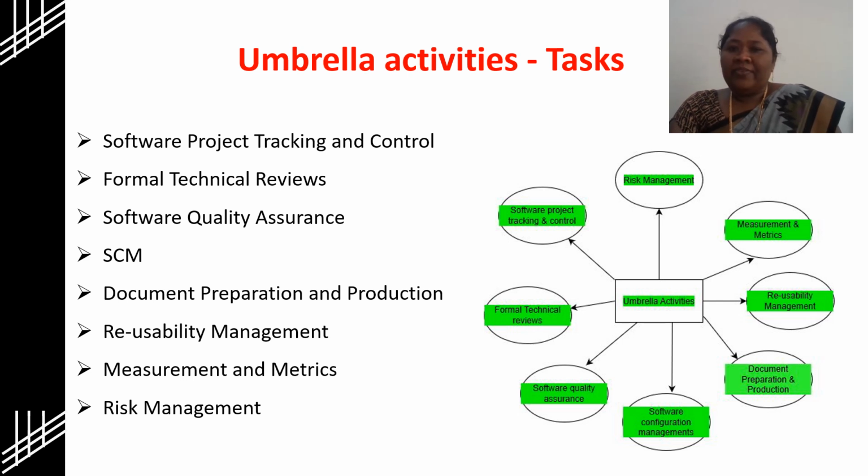So in umbrella activities, what are the things you have to consider? For example, here there is a concept called risk management. Some of the risk can be monitored, planned, and identified early. Some risk cannot be predicted early. When it occurs, it is supposed to be handled.